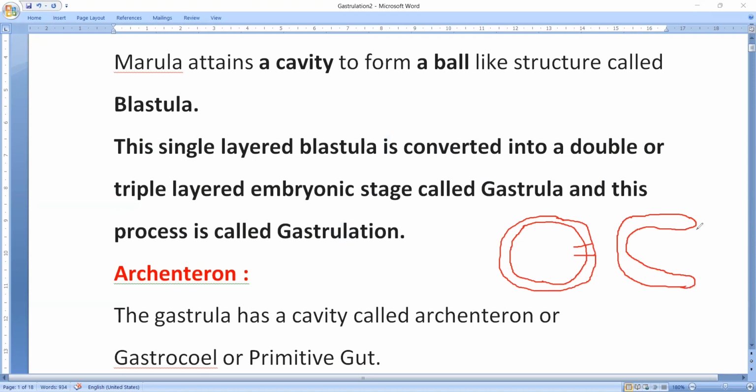Here you can see only two layers, but a mesoderm is also formed in this region. This region is called the archenteron or primitive gut. This is called its opening. Gradually it shrinks like this.